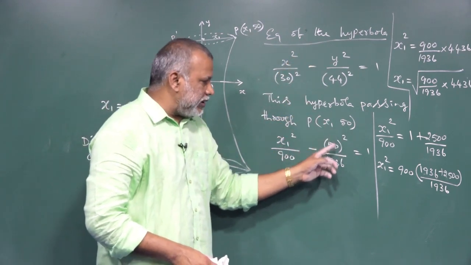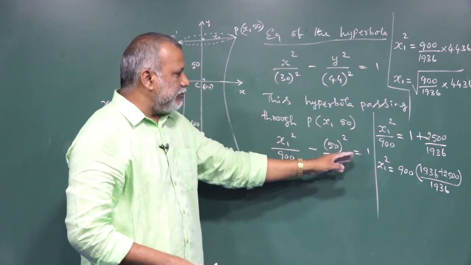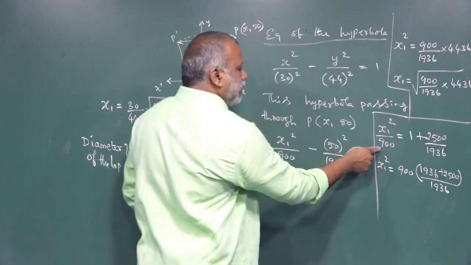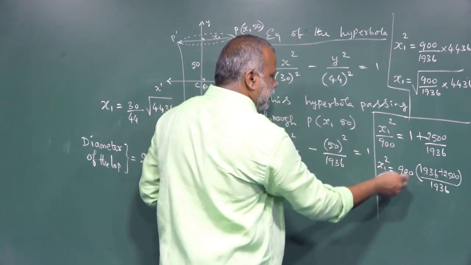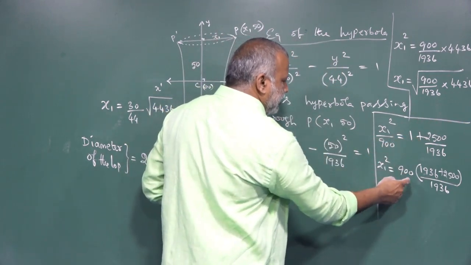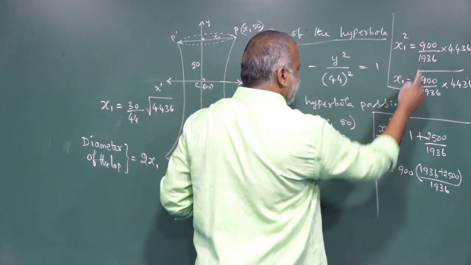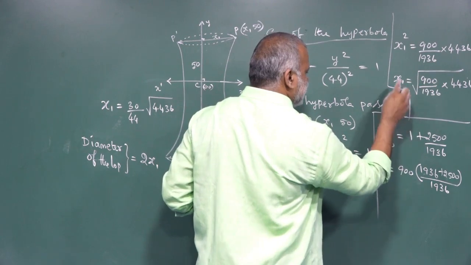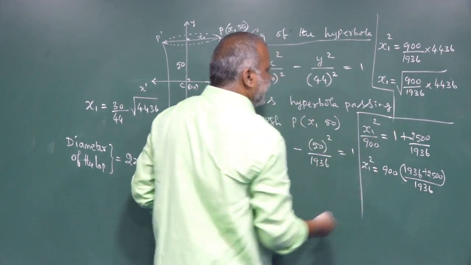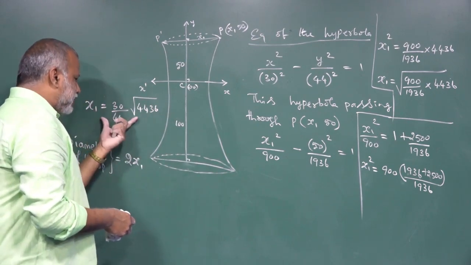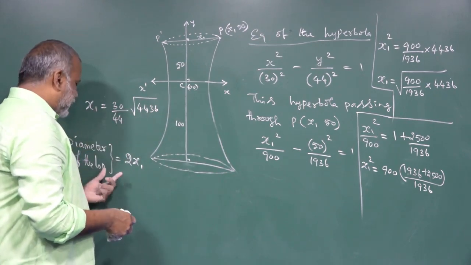So 50 squared divided by 1936. Simplify: x1 squared by 900 equals 1 plus this calculation. So x1 squared equals 900 by 1936 times 4436. So x1 equals 30 by 44 times the square root of 4436. From this, you can observe the diameter of the top.